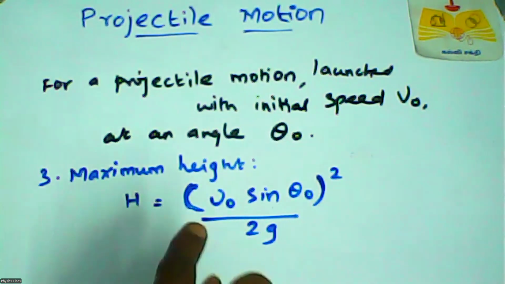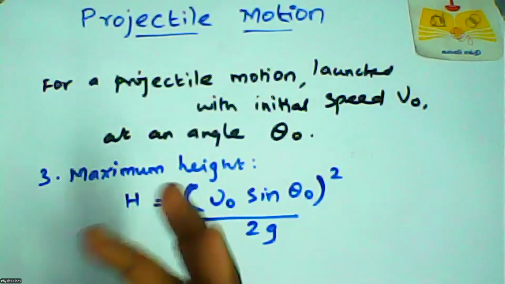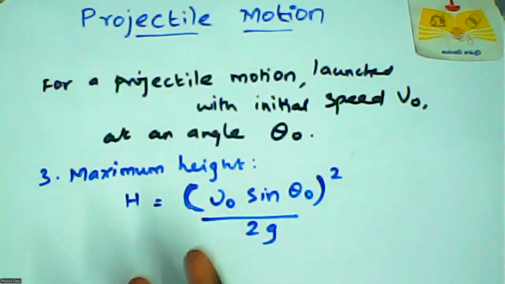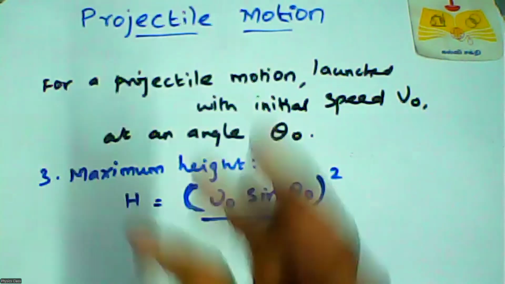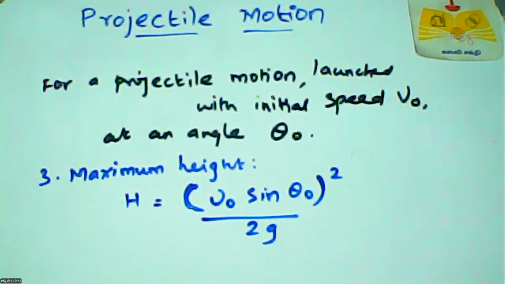Maximum height means the peak of the parabola, the maximum height reached by that object. So these are the three important equations in projectile motion: time of flight, range, and maximum height.